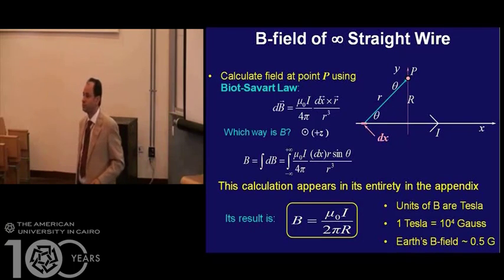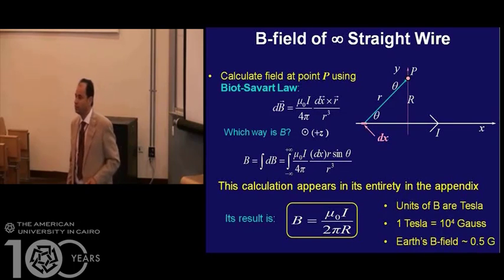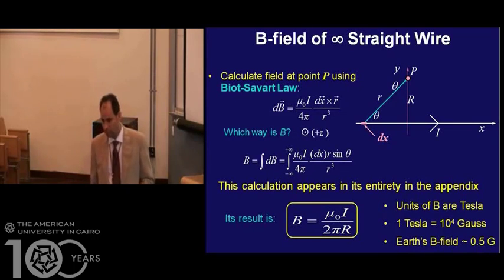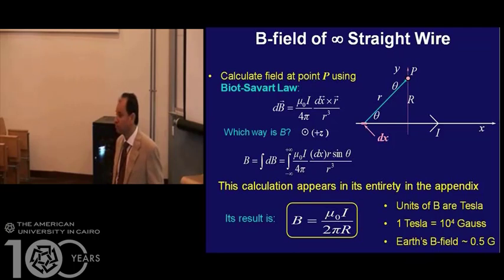Each one of them is acting on the other one. So each one of them has only one force acting on it, and exerting a force on the other one.